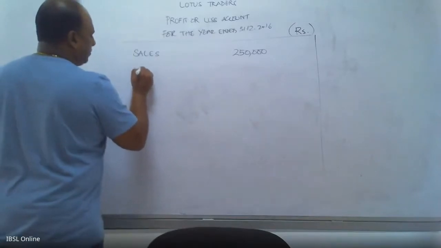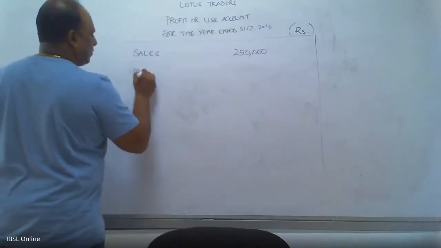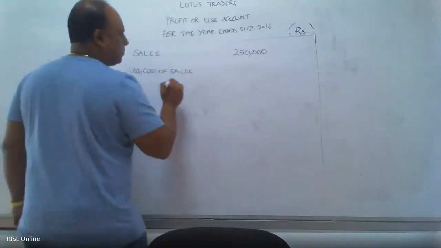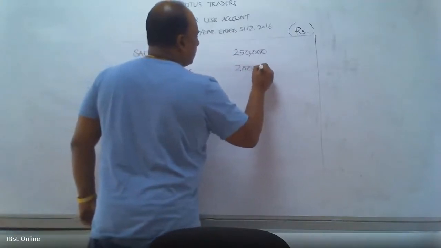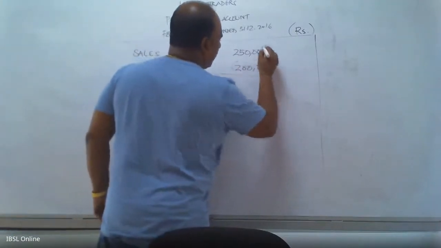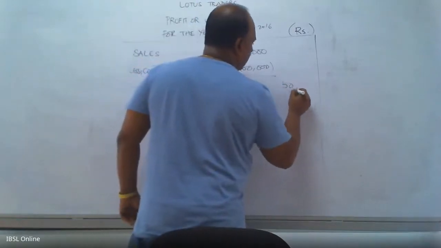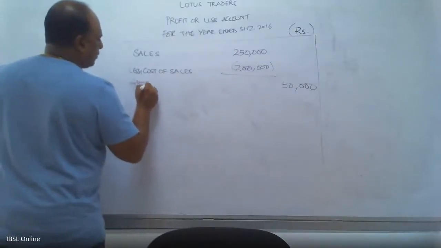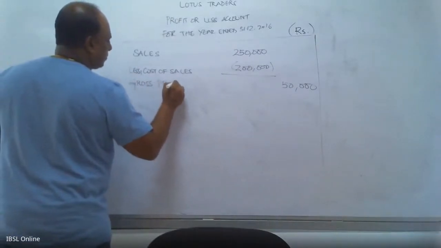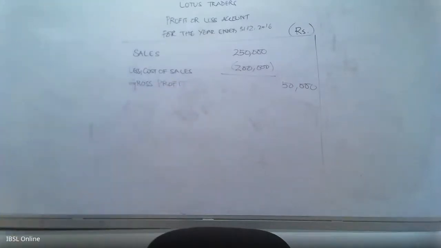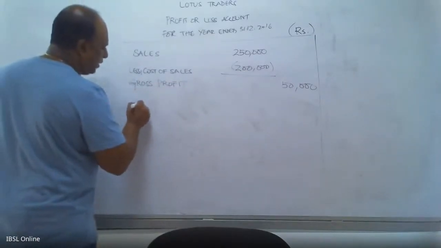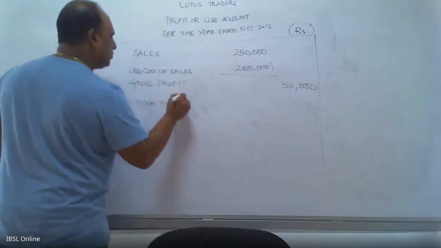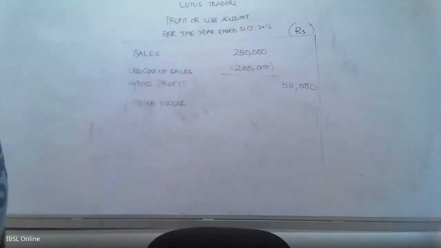Then less cost of sales, that is 200,000. When you deduct one from the other, you get 50,000. That is called your gross profit. To your gross profit, you will add your other income, which I think was 10,000.